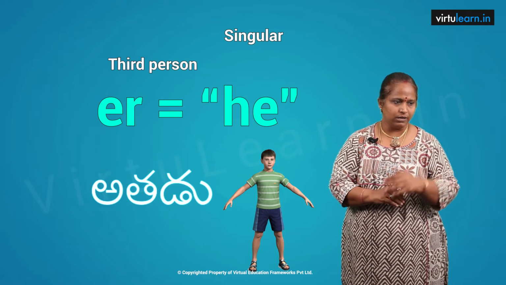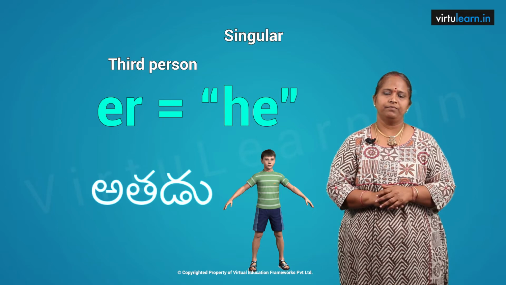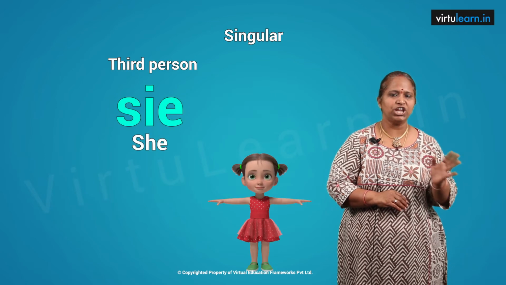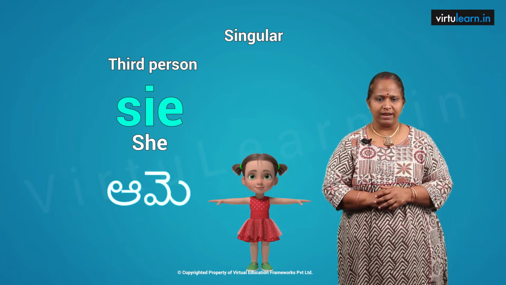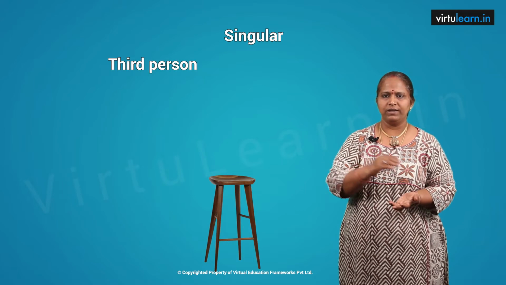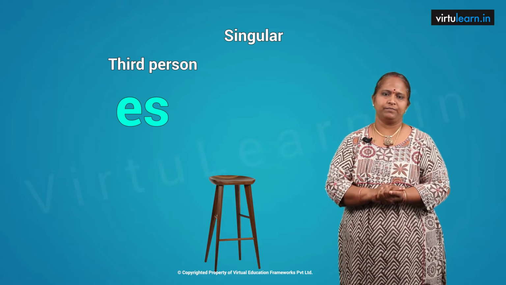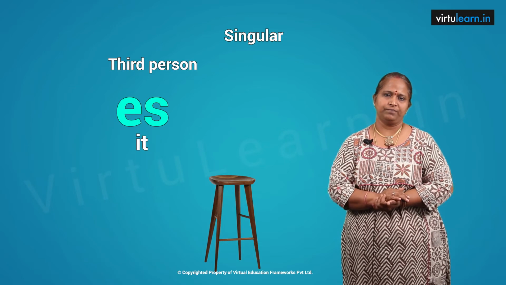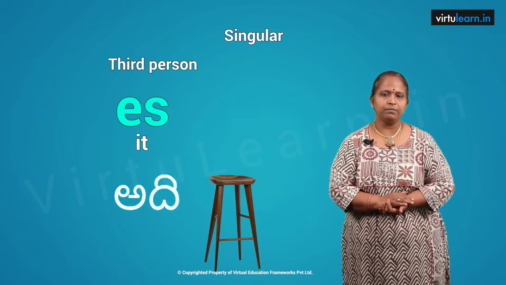Then a girl is standing there. I want to point out at her. Sie, which means she. Ame. Then I am showing a stool, which is a non-living thing, a neutral gender. So I make it as es, it, adi. So these are the singular forms.